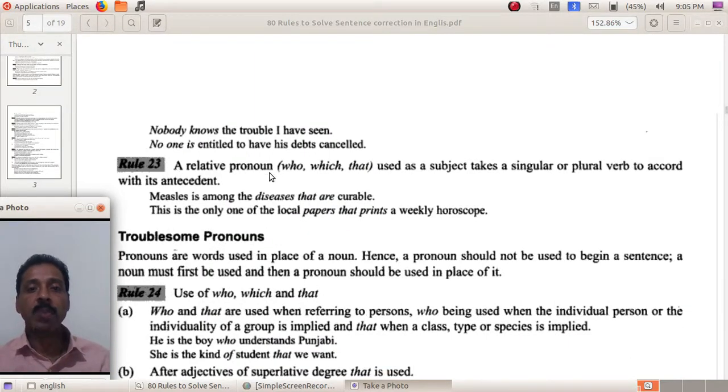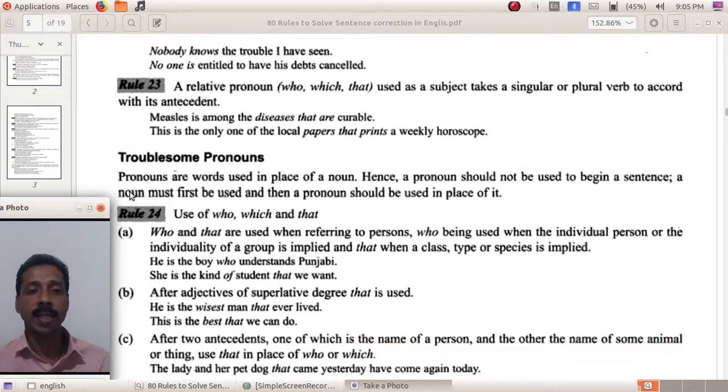Then a relative pronoun used as a subject takes a singular or plural verb according to its antecedent. Measles is among the diseases that are curable.